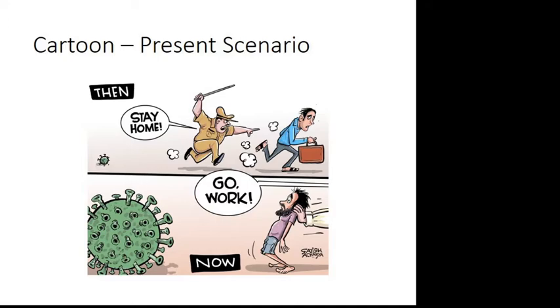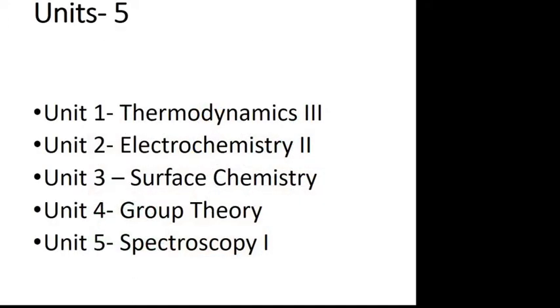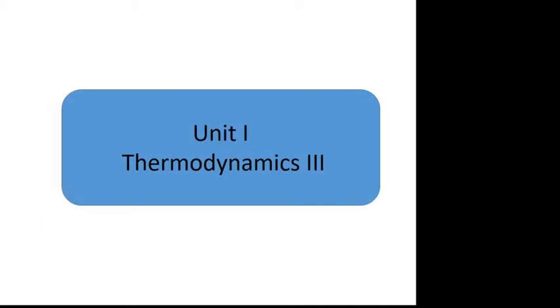Okay, now we'll go to the topics. As usual, physical chemistry has 5 units. First unit is thermodynamics 3, second unit is electrochemistry 2, third is surface chemistry, fourth group theory, and fifth one spectroscopy 1. Now unit 1 is thermodynamics 3. We already have studied thermodynamics 1 and 2.